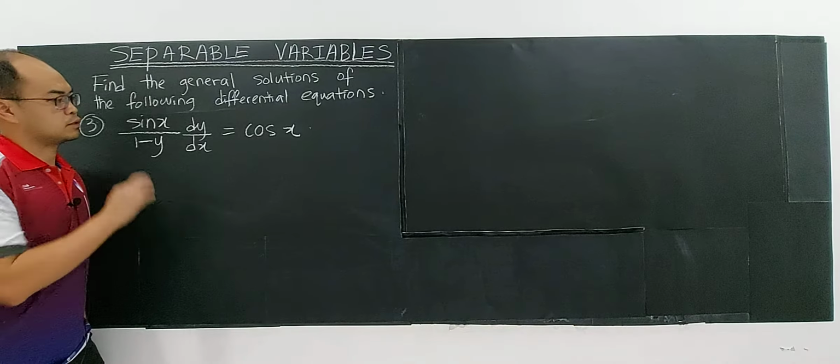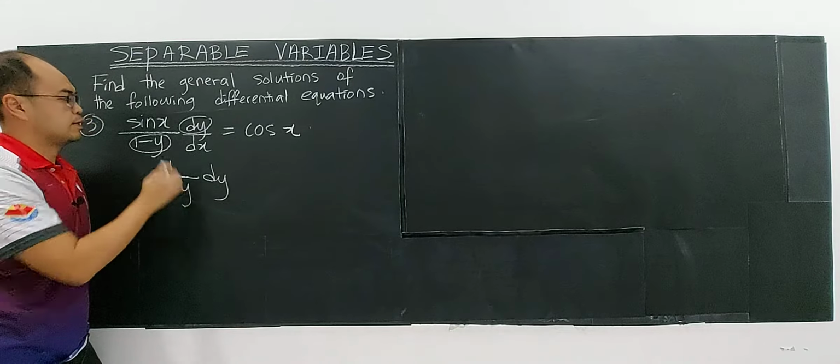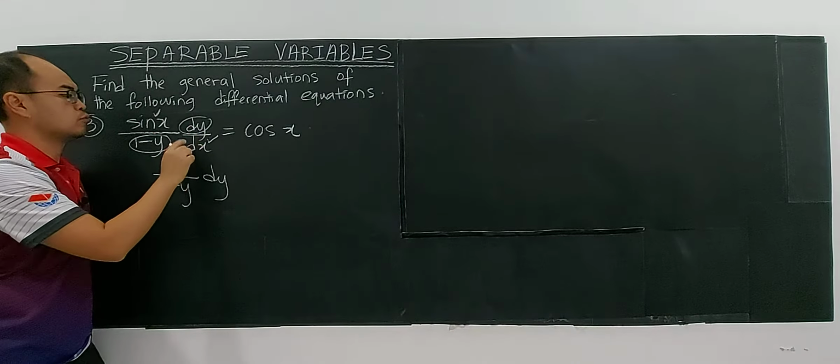So I can write 1 over (1 - y) dy on the left hand side, and these two move to the right hand side, so I have cos x over sin x dx.